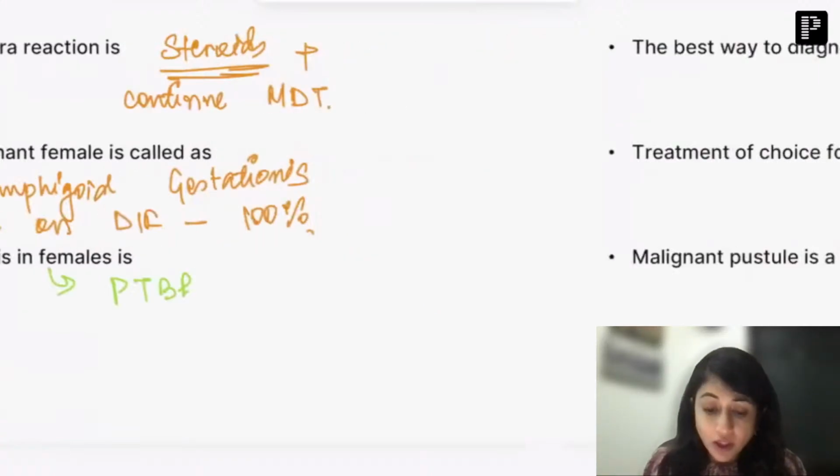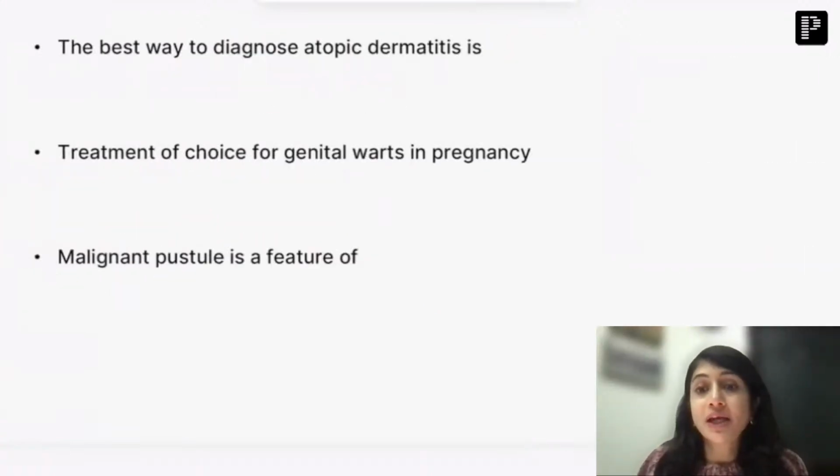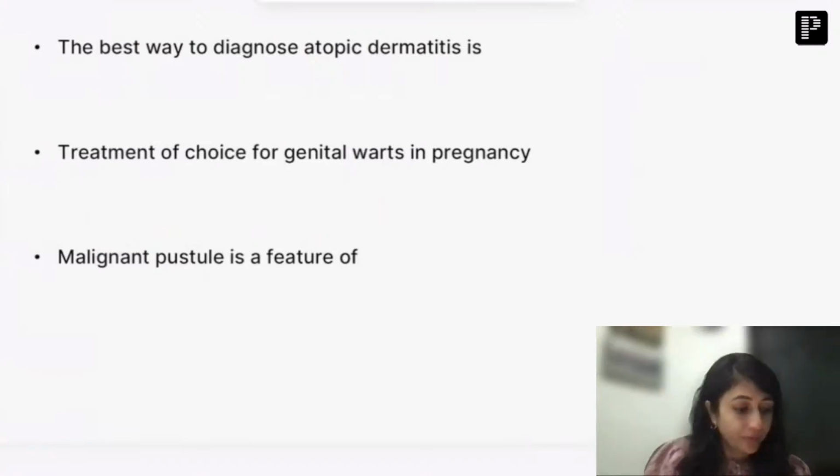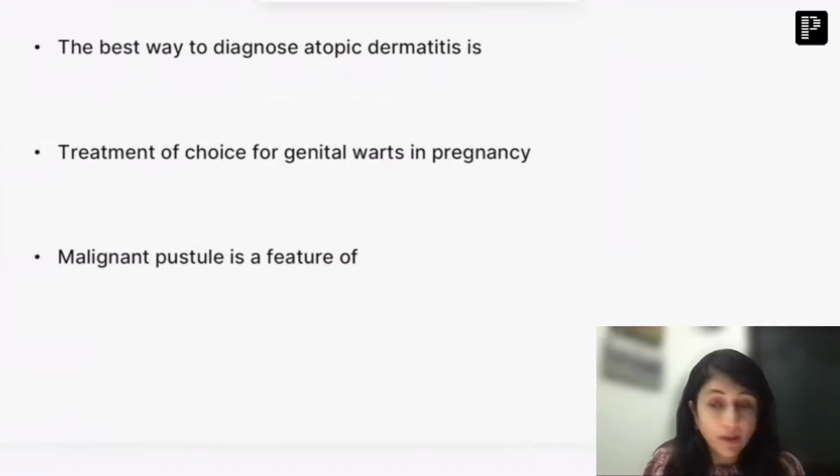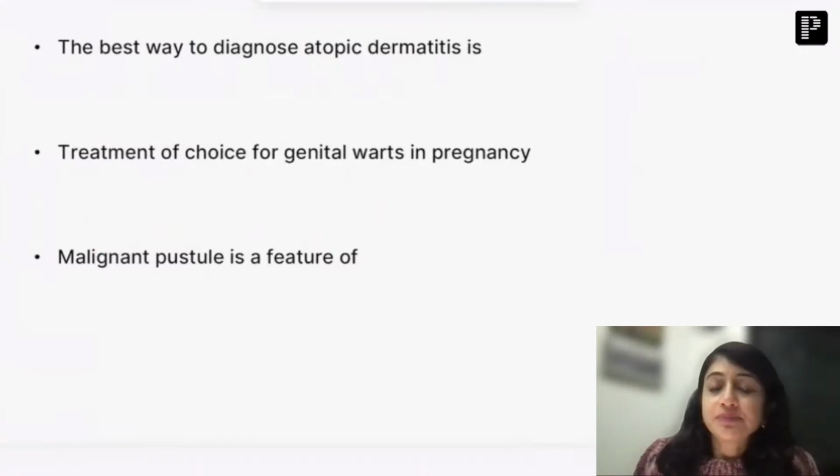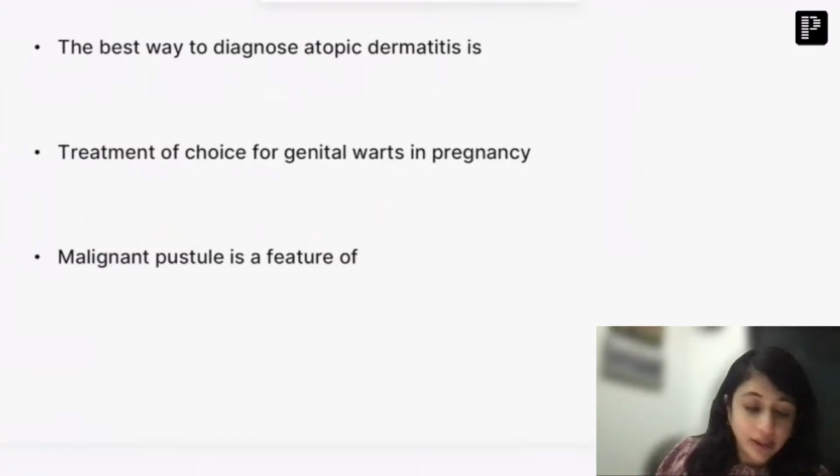You all know that. So the best way to diagnose atopic dermatitis is. We'll quickly move on to the next question now. The best way to diagnose atopic dermatitis. You can also tell me answers to all these three together if you want to. So best way to diagnose atopic dermatitis is, yes.